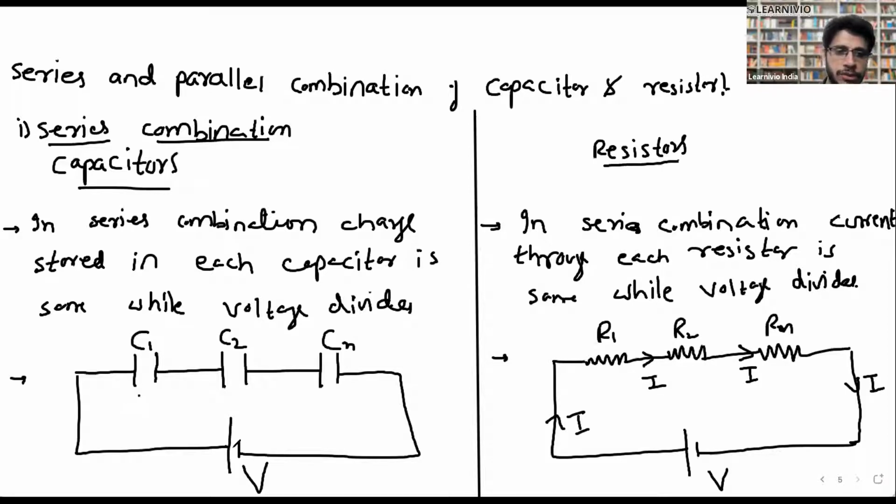This battery or cell gives some Q amount of charge, and that Q amount of charge gets stored in each capacitor. Now this charge is not flowing, it is stored in the capacitor. So that's the difference between the circuits of capacitor and the circuits of resistor. In capacitors, charge stored in each capacitor is same. In resistors, current passing through each resistor is same.